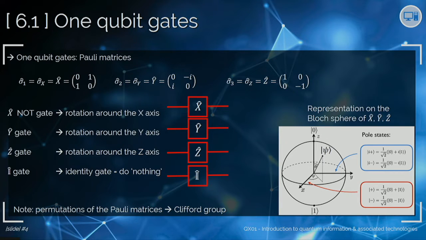Okay? And basically what we said is that any permutation of these Pauli matrices represents a specific group that we call the Clifford group, which is therefore important in quantum information, and in particular because, as we said, the Pauli matrices X, Y, and Z can generate any 2-dimensional Hermitian matrix.